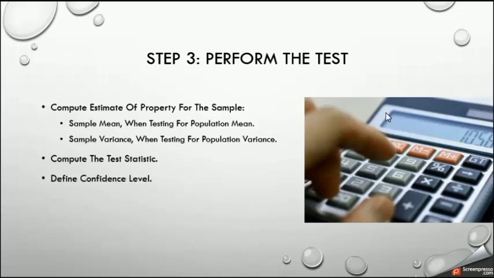After that, we should also choose the confidence level to perform our test. According to our confidence level, the conclusion may change. Common confidence levels are 90%, 95%, or 99%.